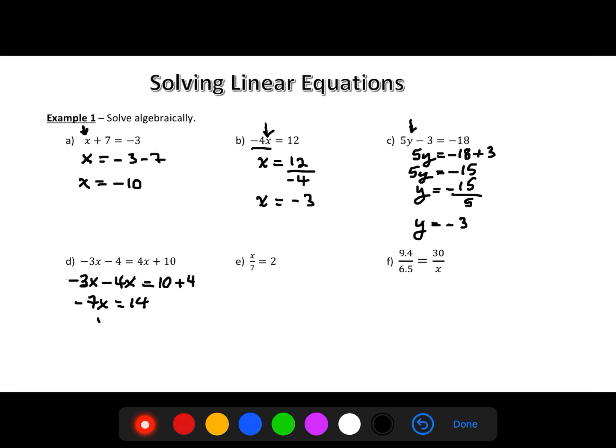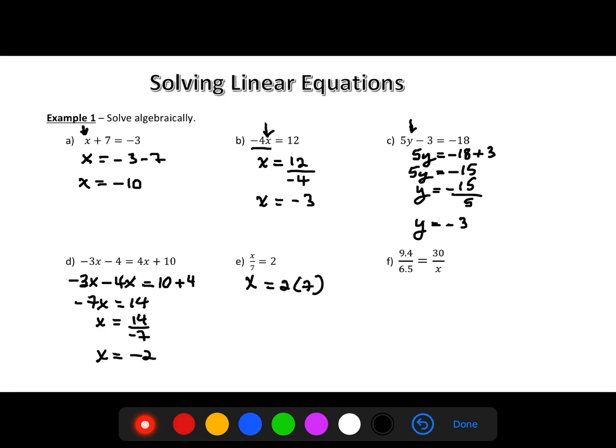We're going to bring our 4 over and simplify. So we get -7x equals 14. Then we're going to divide 14 by -7. Notice the sign doesn't change. The operation changes.